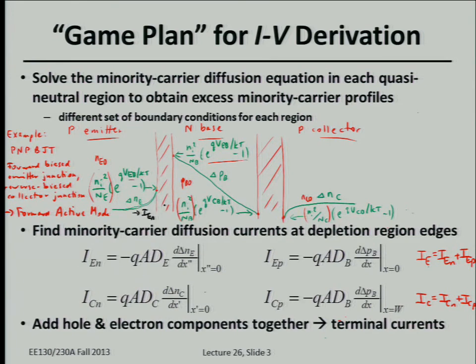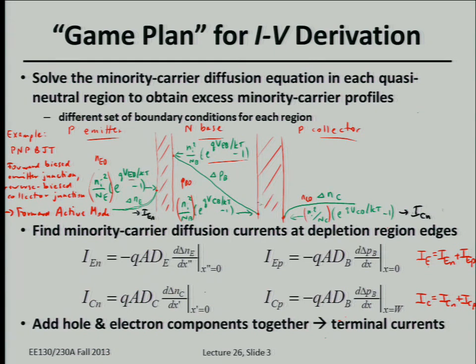Let's do the other easy one. The diffusion current due to what's going on in the collector. Which current component is that? This would be IC something, ICN, right? The collector junction current due to electron diffusion. Electrons in this particular case are diffusing to the left, so there's current flowing to the right.